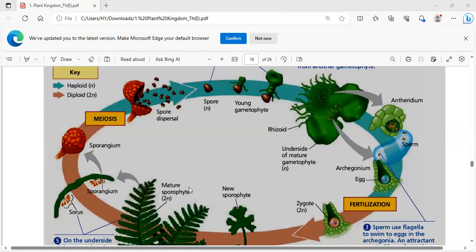The young gametophyte is called prothallus, which has both antheridium and archegonium. In these, different gametes are produced. The antheridium produces the antherozoid, the sperm, and the archegonium produces the egg.